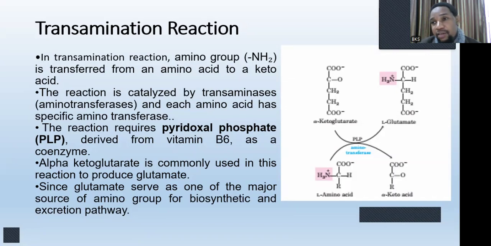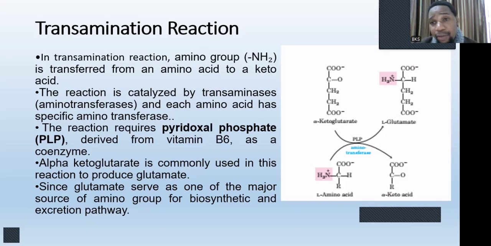When nitrogen is needed for the synthesis of a particular molecule, glutamate plays a very important role as the source. So when you have an excess of this amino group, of course, you can give it to glutamate, so that whenever there is need, it can be disposed of. This is one of the reasons why we say glutamate. And glutamate also finds it easy to undergo the amination reaction. We'll discuss the amination reaction.